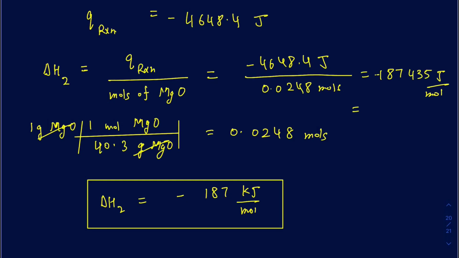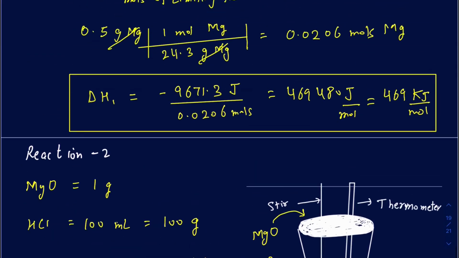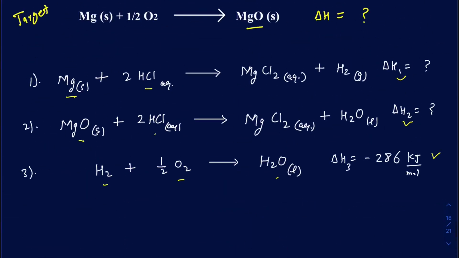Okay, so now let's go back. We got the delta H's using the calorimetry, the specific heat capacity numbers, and doing these calculations. Now we're going to go back and write those down. So we've got 469, so let's go back there.